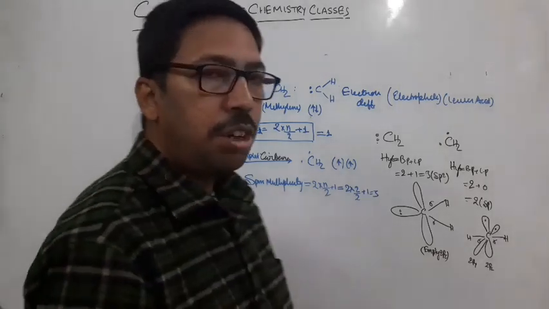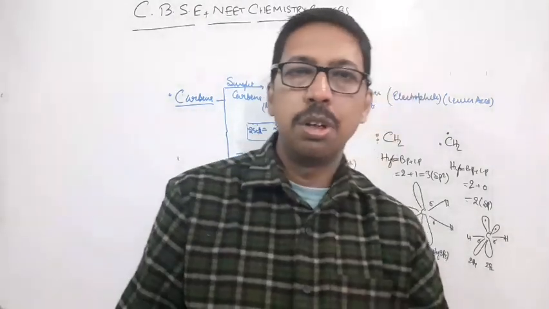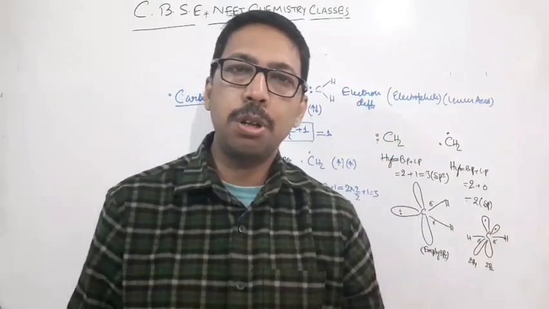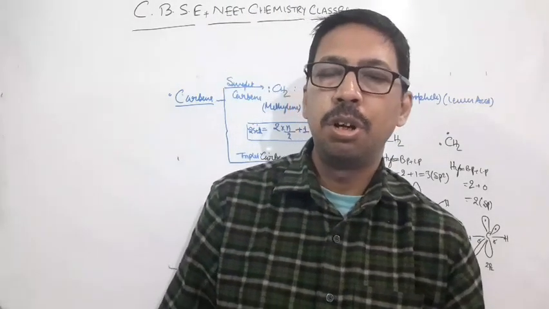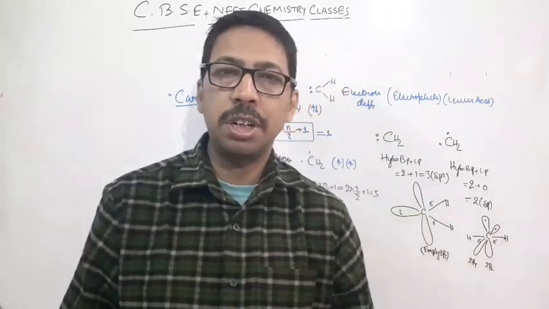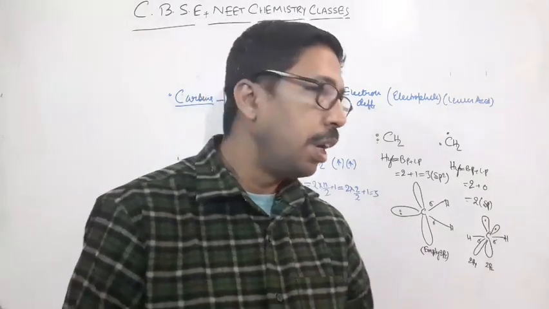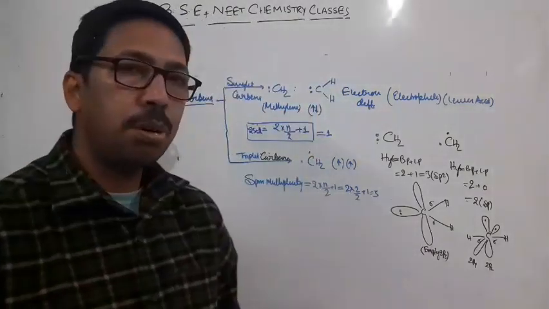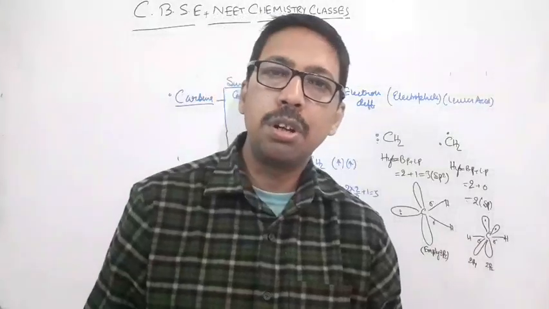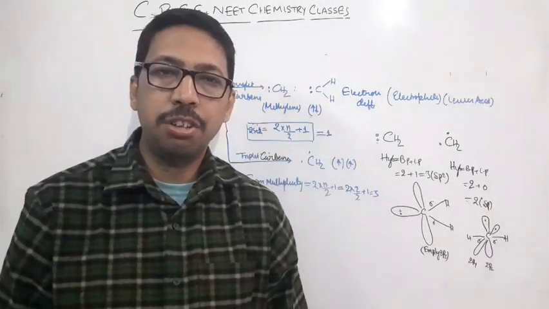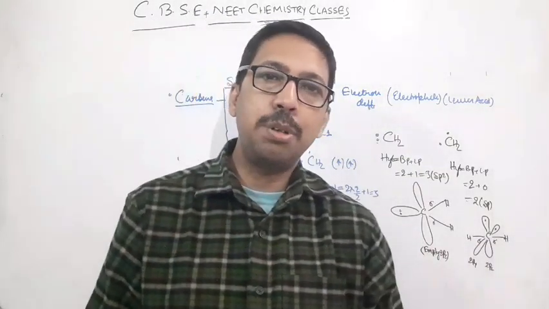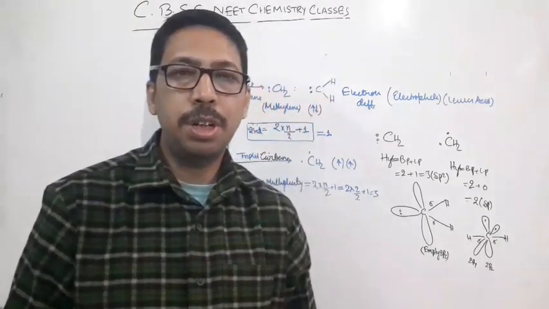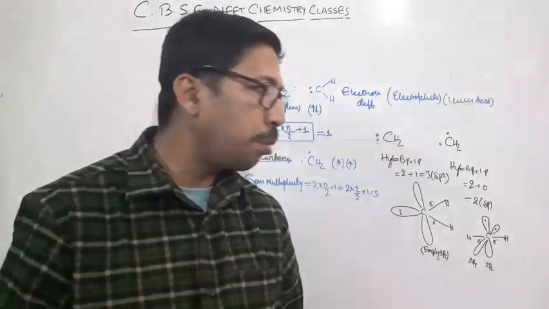So in this session, we have discussed about how to find out the hybrid orbital or hybridization of an organic molecule containing multiple bond, and also we have discussed about how to find out the structure and shape as well as the hybridization of different types of reaction intermediate.